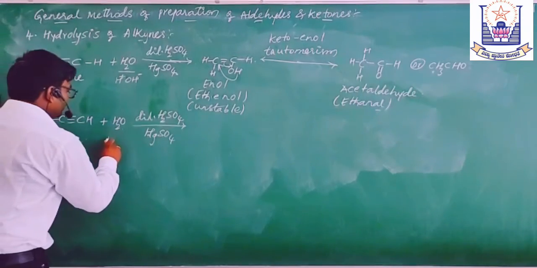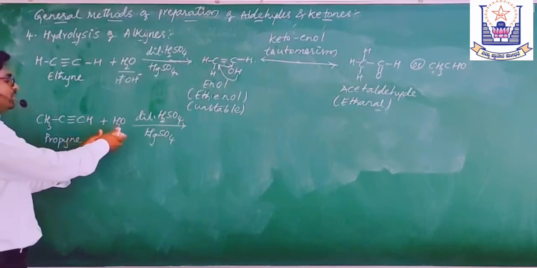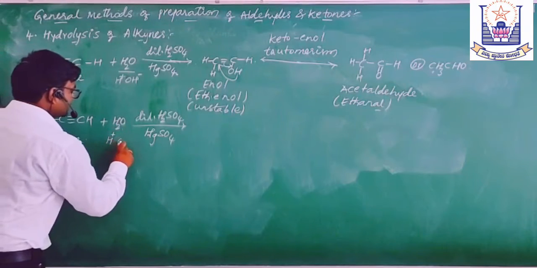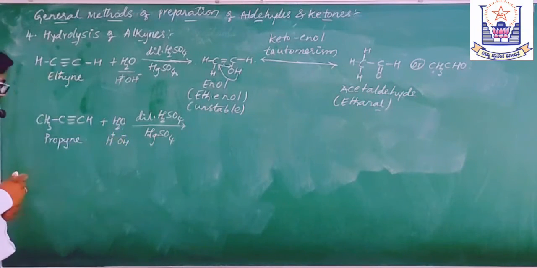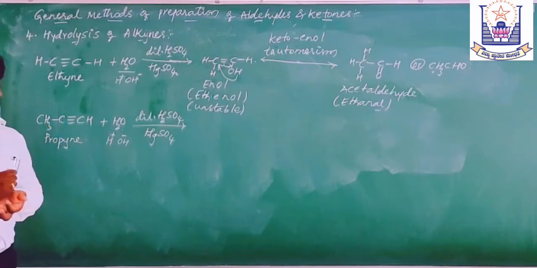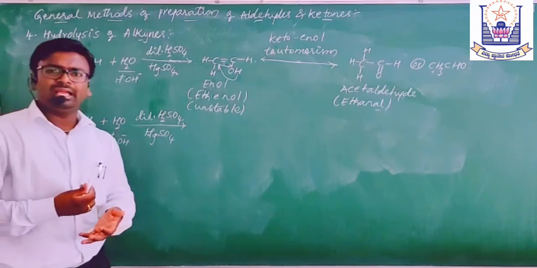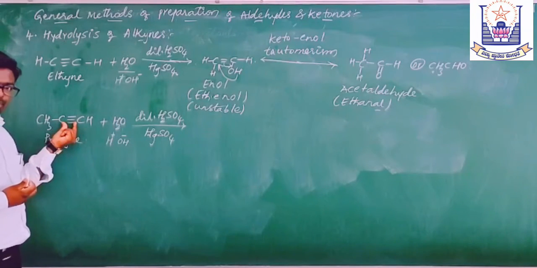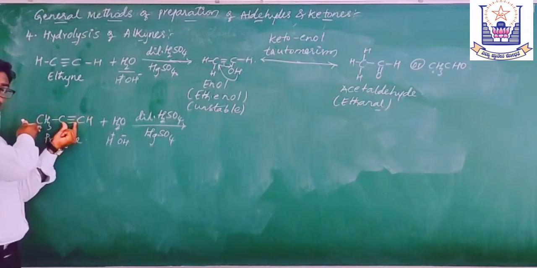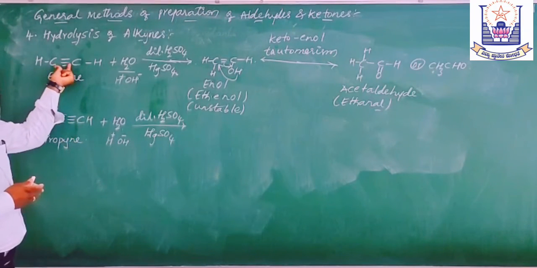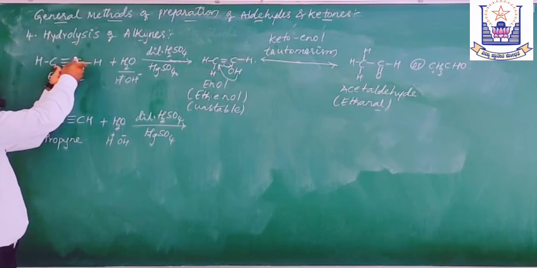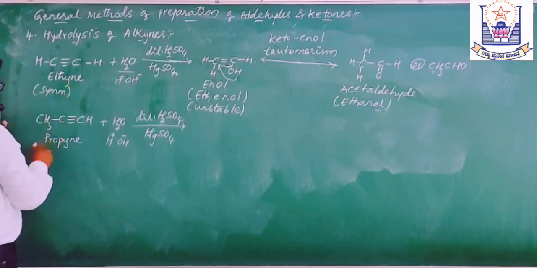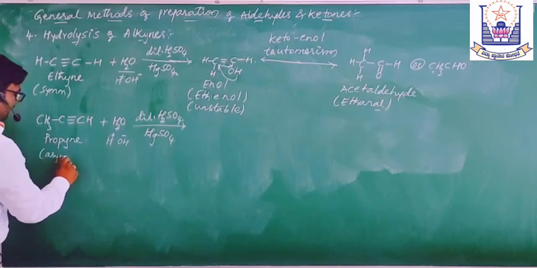H2O is the addendum, that is H plus and OH minus ions. And here this is an asymmetrical alkyne. What is meant by asymmetrical? Here we have a triple bond with one carbon on this side and two carbon atoms on the other side. In ethyne, this is one carbon and this is also one carbon, so that is a symmetrical alkyne. This one is an asymmetrical alkyne.